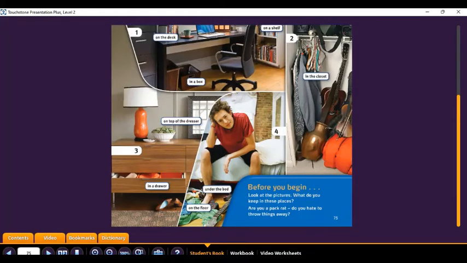Okay. Do you have one of these in your bedroom or office or living room, maybe? No. No? Okay, it's good. In my room I have a desk next to the bed. You have a desk next to the bed. Yes. Okay, it's good.